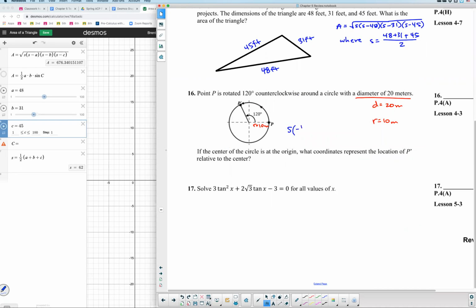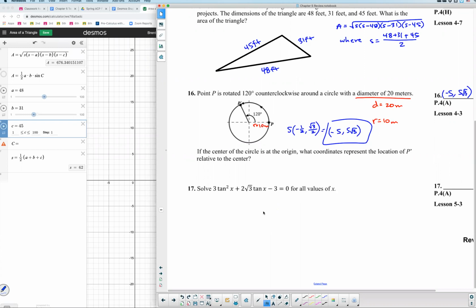So it'd be 5 times -1/2, square root of 3 over 2, which equals -5 meters to the left and 5 square roots of 3 meters up. That would be our solution right there. And that's just because you had to scale it for a radius being 10.